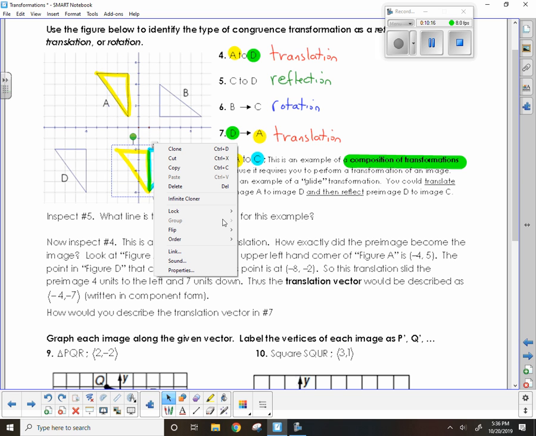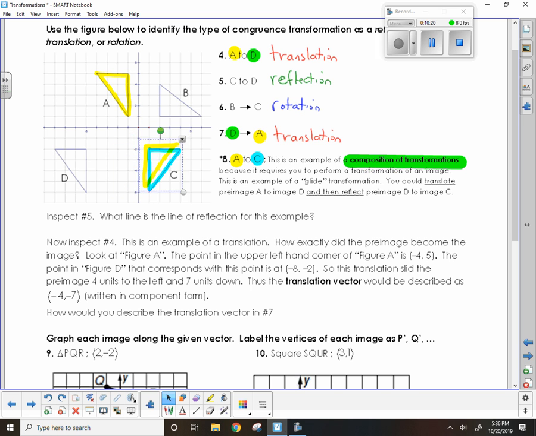Then the last thing I would need to do would be to flip it or reflect it, but over that same line. So it ends up right here on top of that point. All right, so that would be both a translation and a reflection.